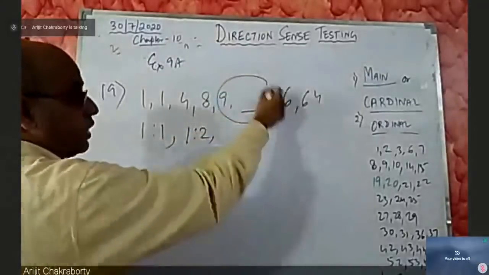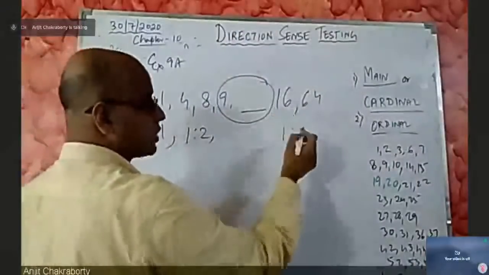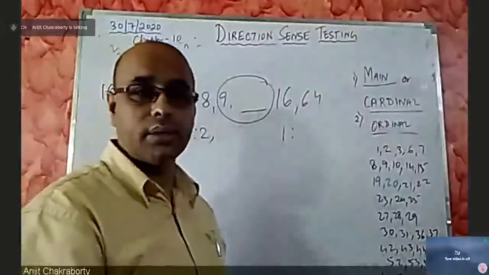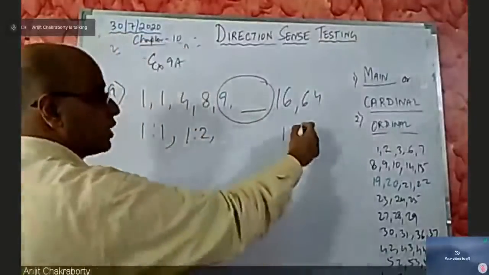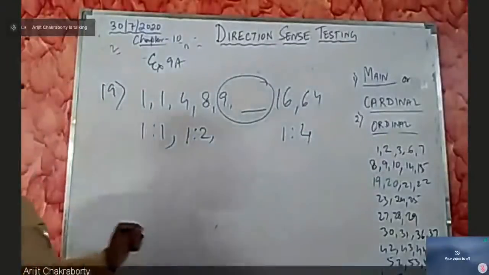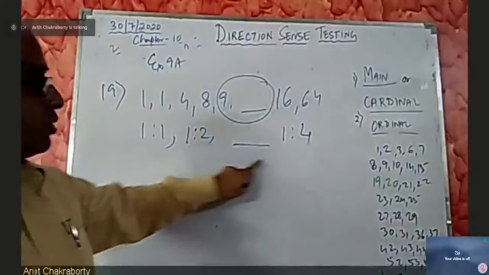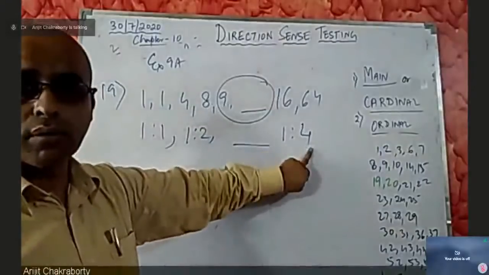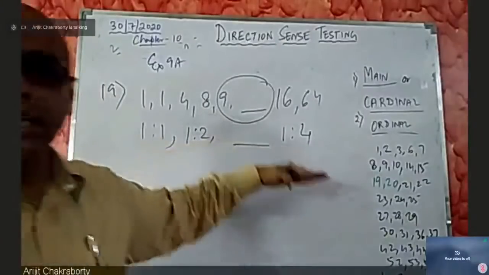I'm putting a circle here. 16 and 64. 16 ones are 16, 16 twos are 32, 16 threes are 48, 16 fours are 64. So 1:4. So now, dear students, you can see 1:1, 1:2, dash, 1:4. So it has to be 1:3 because then the cycle is complete.